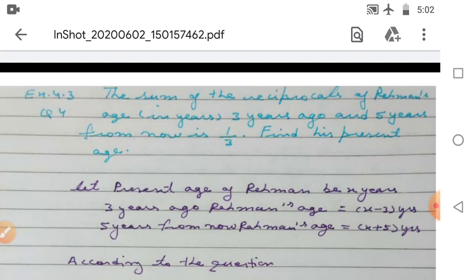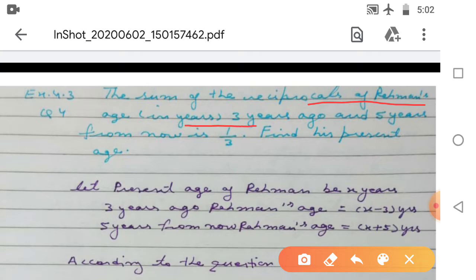The question is: the sum of the reciprocal of Rahman's age 3 years ago and 5 years from now is 1 by 3. Find his present age.